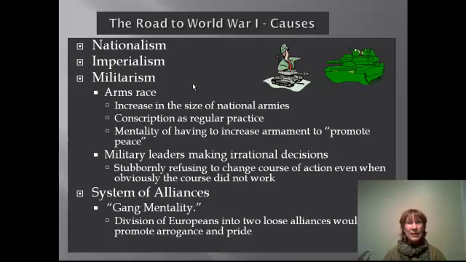there were specific alliances that were being formed. Sometimes the alliances broke and one country broke the alliance with the others and changed sides. But right before the beginning of the war, there were two clear sides. And what happens when you have what we call the gang mentality?